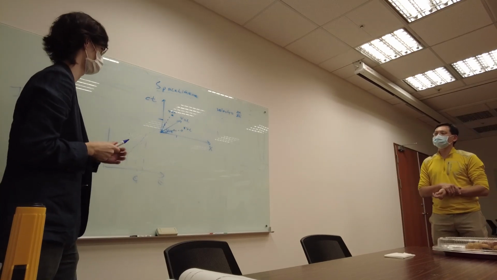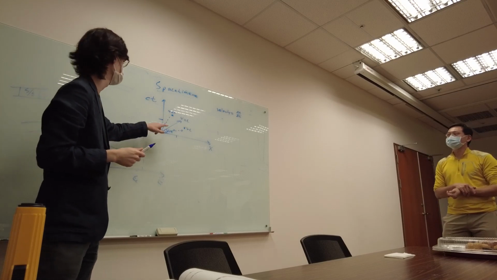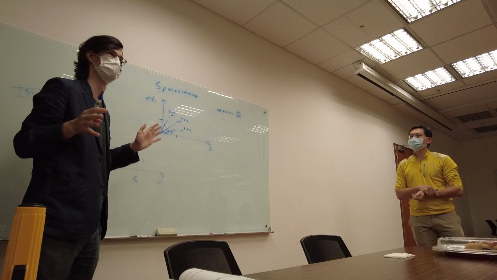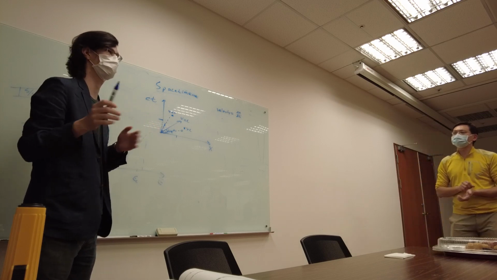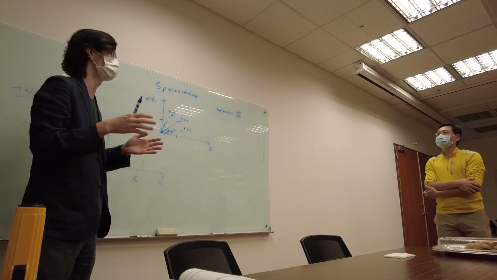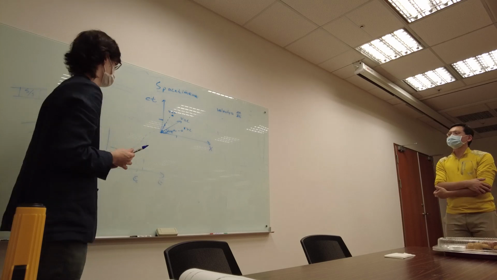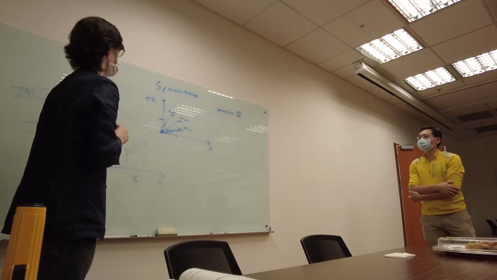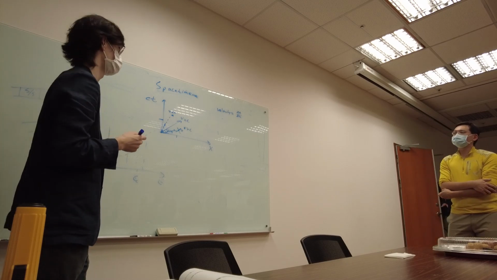And of course only one of these is allowed, because the speed of light is the fastest thing. You can't go faster than the speed of light. It's the speed limit of the universe. So we're not allowed to do these. And this is where the light cone comes from.